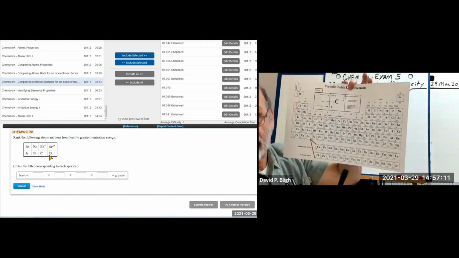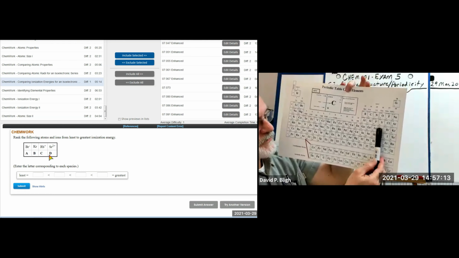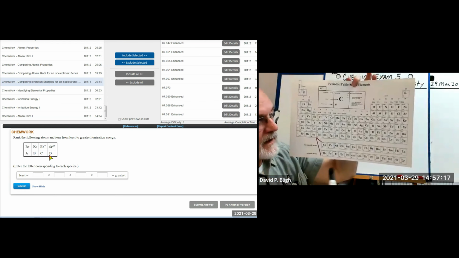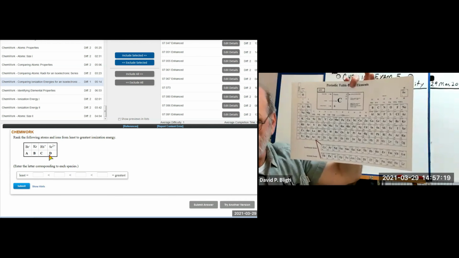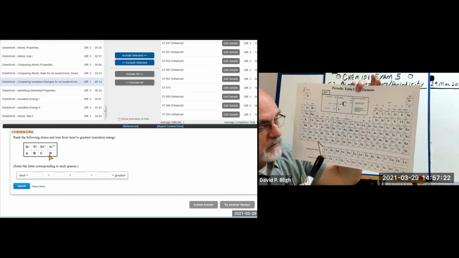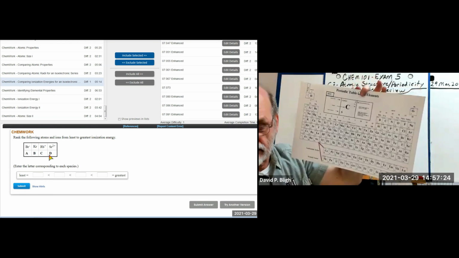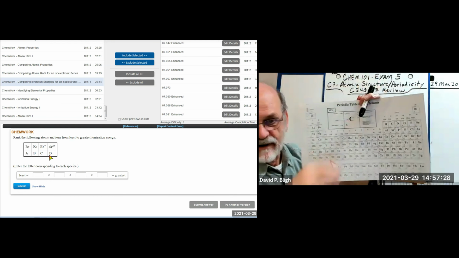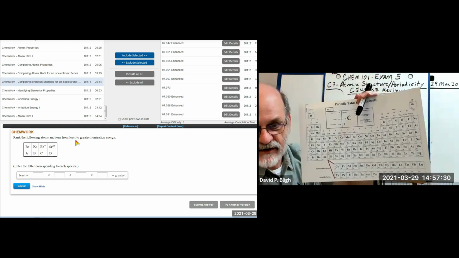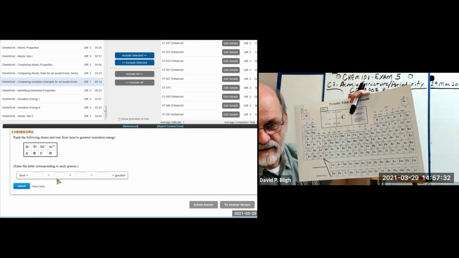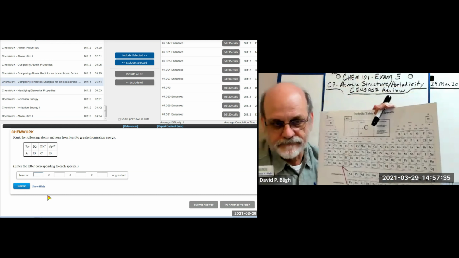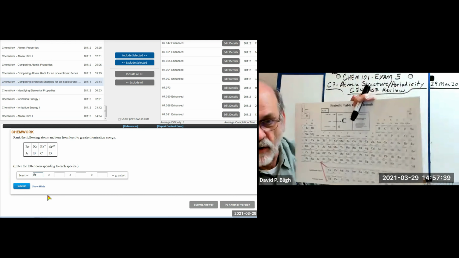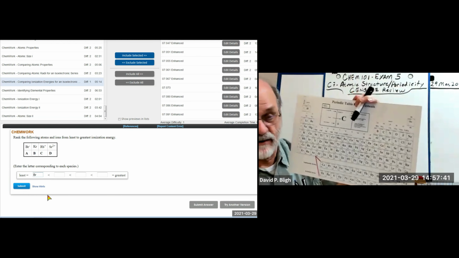It actually has 7, right? 7, 6, 5, 4, 3, 2, 1. And we've added an extra one. So that electron will be easily removed. So bromine would have the least ionization energy right here. Okay, what would have the greatest ionization energy?